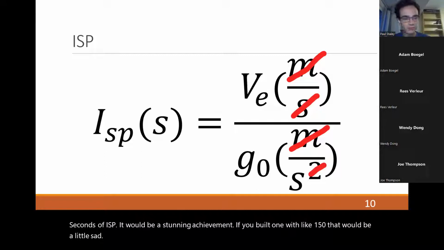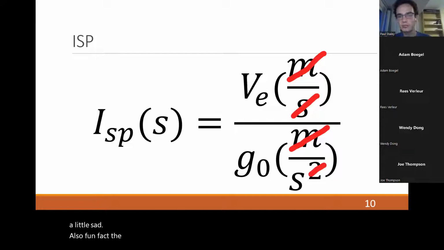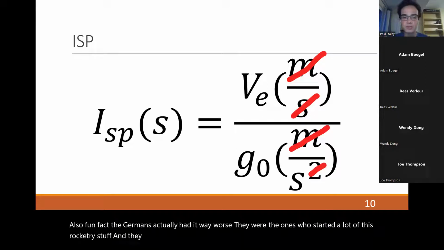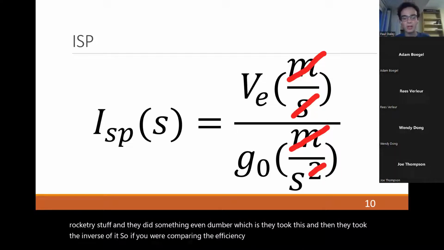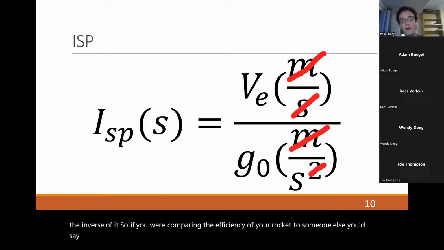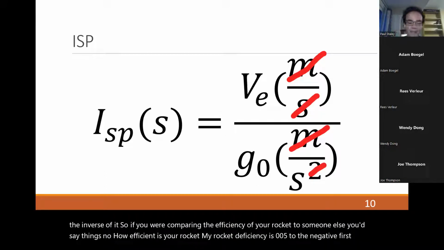Also, fun fact, the Germans actually had it way worse. They were the ones who started a lot of this rocketry stuff. They did something even dumber, which is they took this and then they took the inverse of it. So if you were comparing the efficiency of your rocket to someone else, you'd say things like, how efficient is your rocket? My rocket's efficiency is 0.005 to the negative first second, which is like, I don't know why they did this.